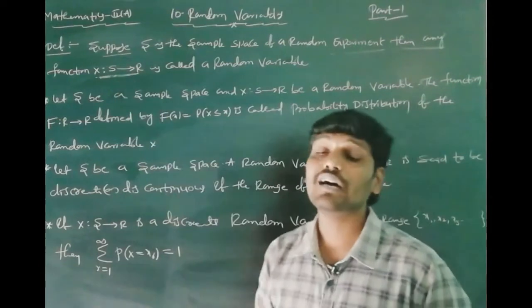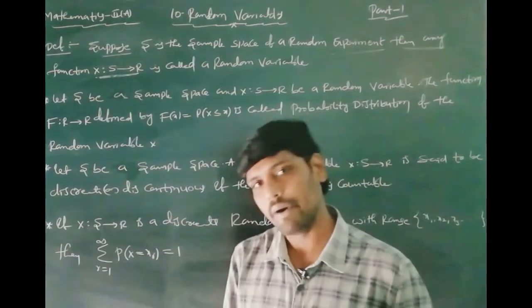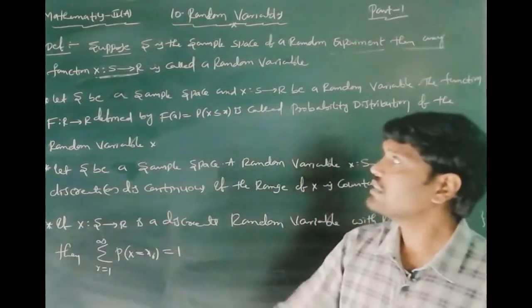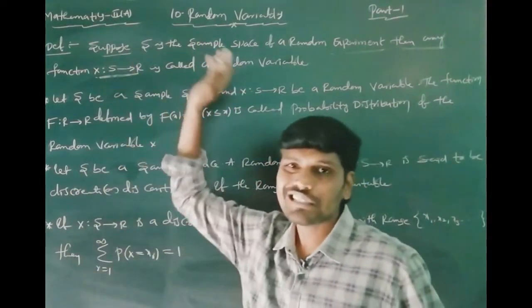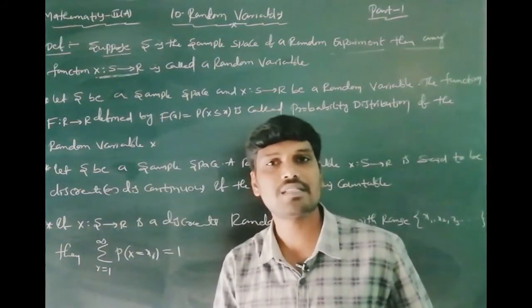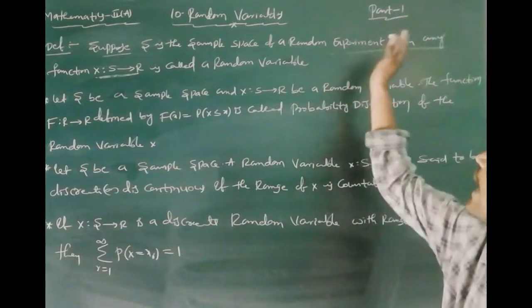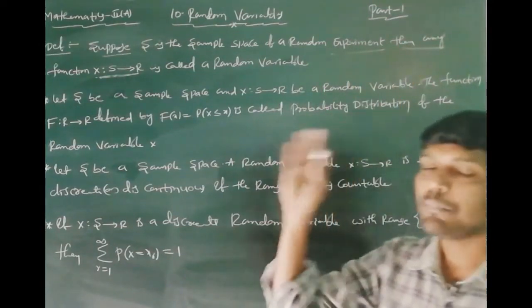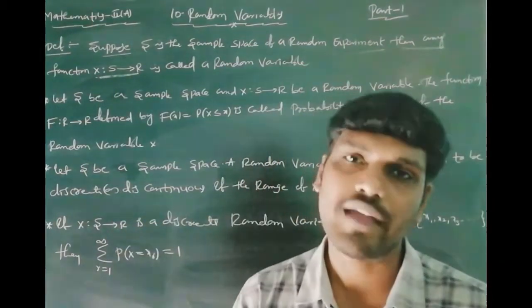Here S is the sample space and capital R is the set of real numbers. Okay students, that's why this is the random variable definition. Suppose S is the sample space of any random experiment. In this random experiment, the function X from S to R is called a random variable.